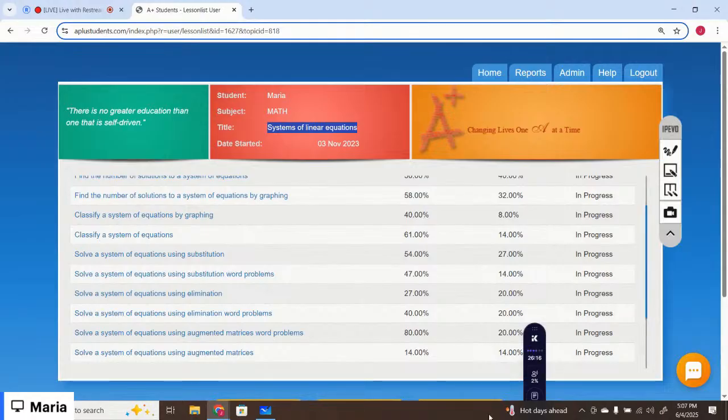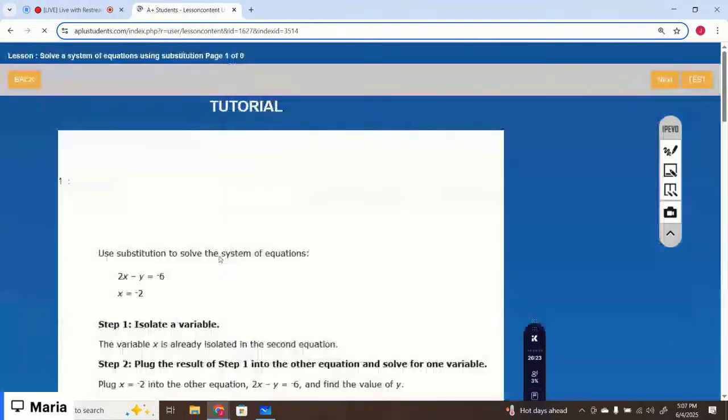Let's start with the lesson, solve a system of equations using the substitution method. Let's start with the test question.